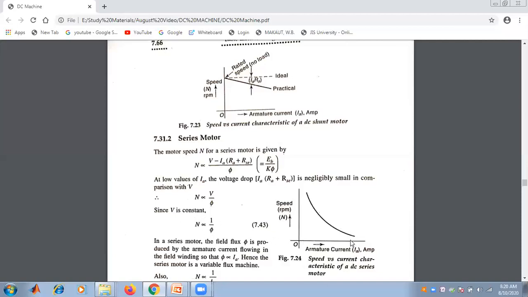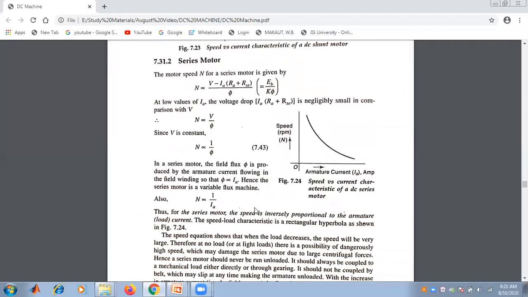This is the speed versus armature current graph of a DC series motor. In case of the DC series motor, the field flux phi is proportional to the armature current flowing in the field winding.